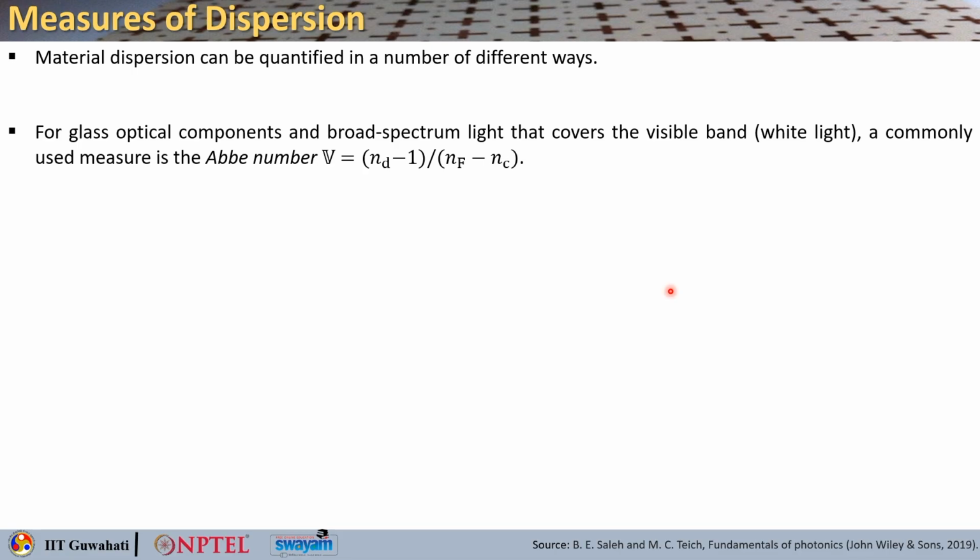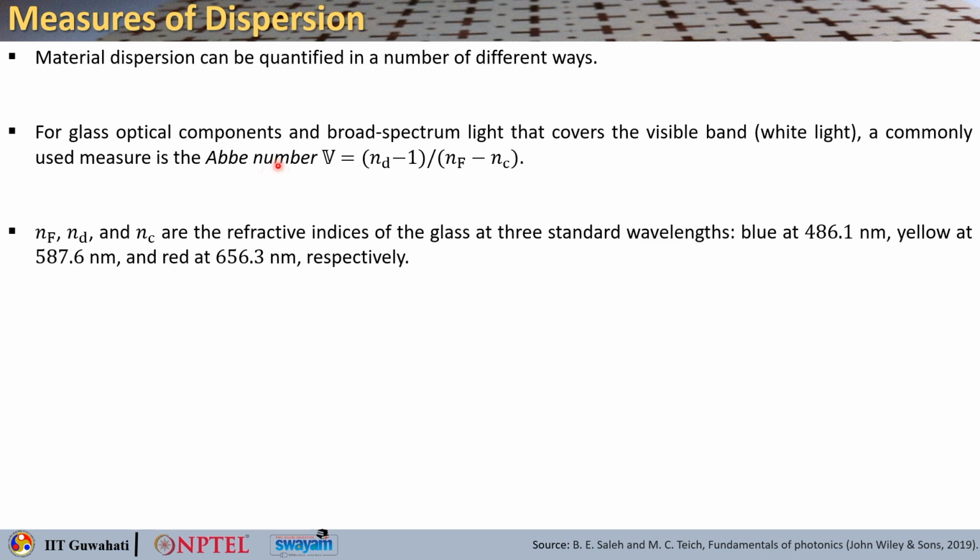So, how do you measure dispersion? Material dispersion can be quantified in a number of different ways. For glass optical components and broadband light that covers the visible, that is the white light, a commonly used measure is the Abbe number V. It is given as (Nd minus 1) divided by (Nf minus Nc).